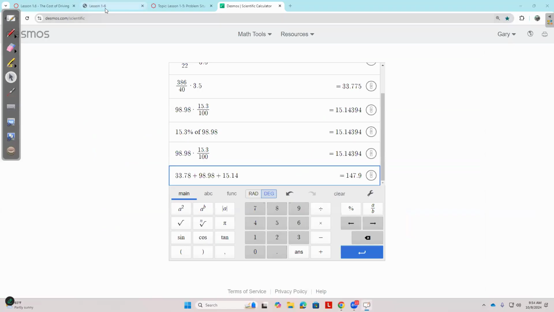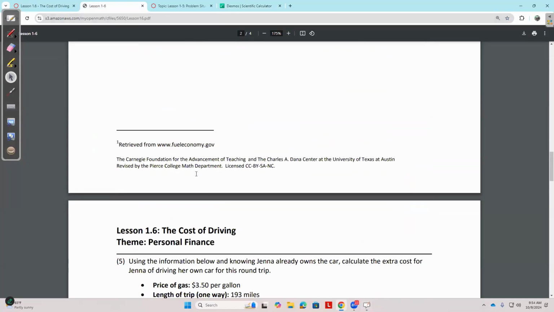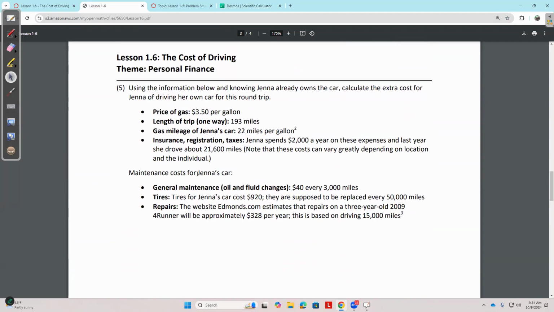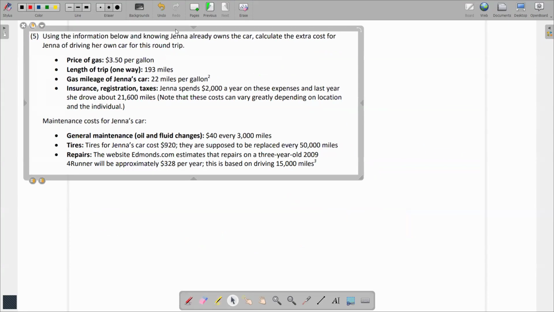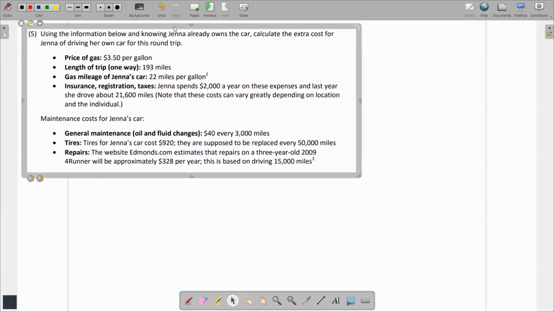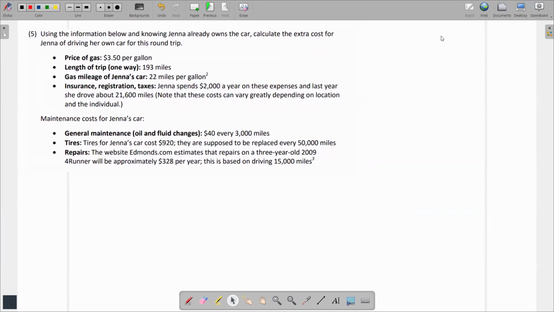Let's go get the next page. Okay. And on my little page, I'm probably gonna need another page to figure this out.